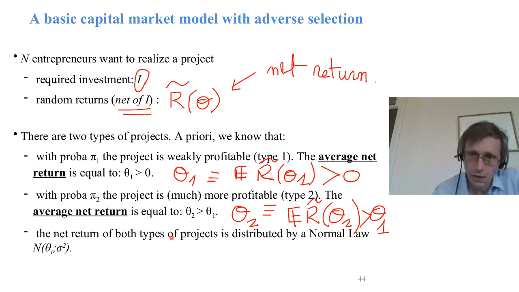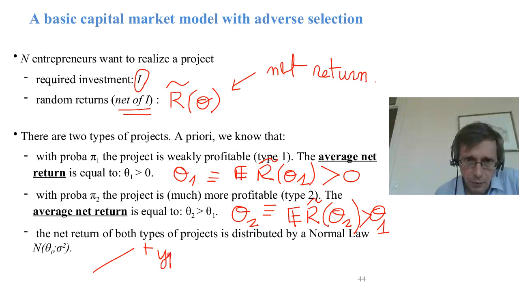So an entrepreneur, by definition, knows the type of the project that he's able to realize. But this is not the case for outside investors. If you are an outside investor, you only know the ex-ante distribution between a type 1 project and a type 2 project. So you know that the probability of facing a type 1 project is equal to pi 1.